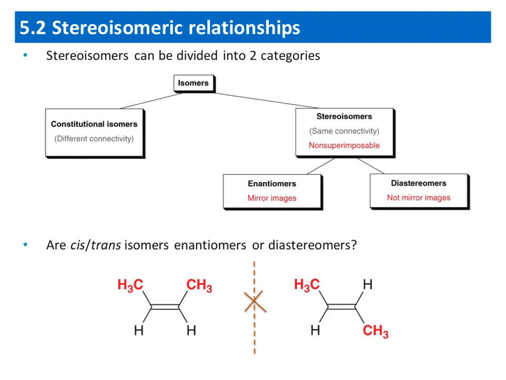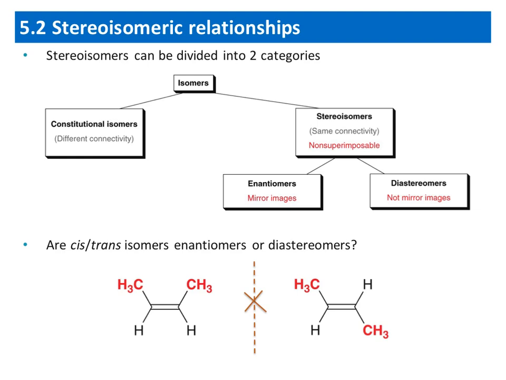If the two stereoisomers that we are looking at are mirror images of one another, they are enantiomers. If the two stereoisomers are not mirror images of one another, we call them diastereomers. So for an example, we have cis and trans isomers.